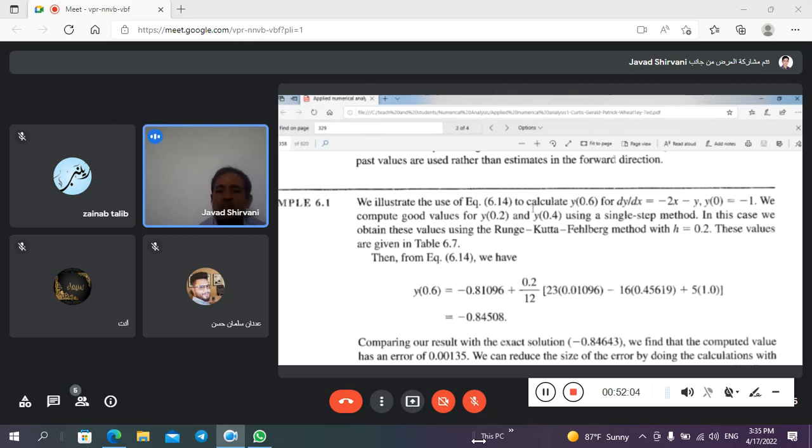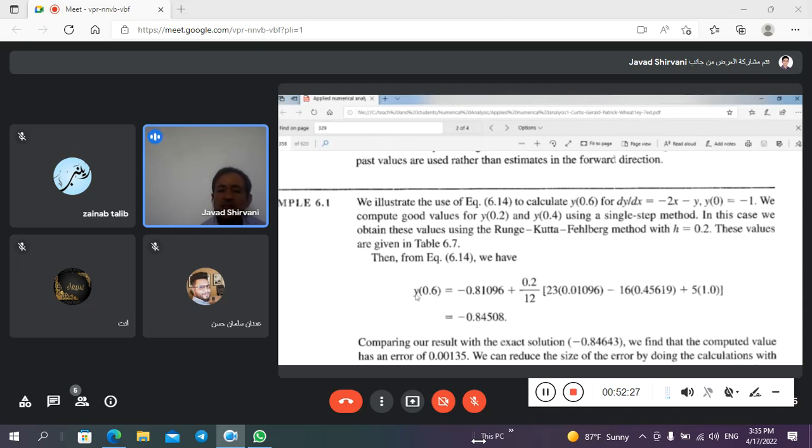Here it uses the Runge-Kutta-Fehlberg method with a step size of h equals 0.2, and we get the value for y at the next point after 0.4 based on this value of h.